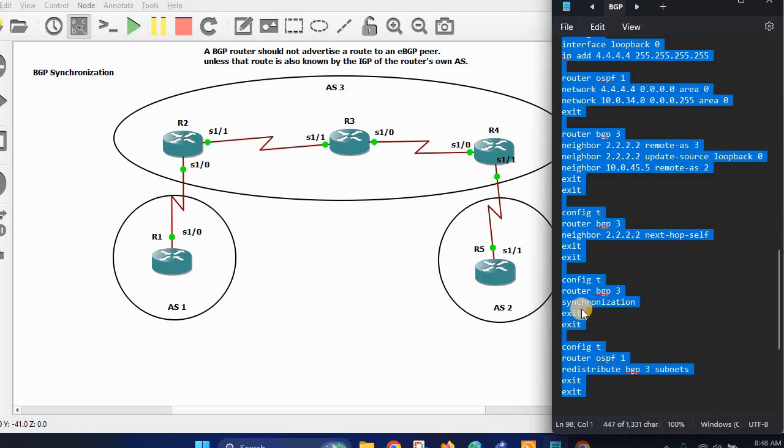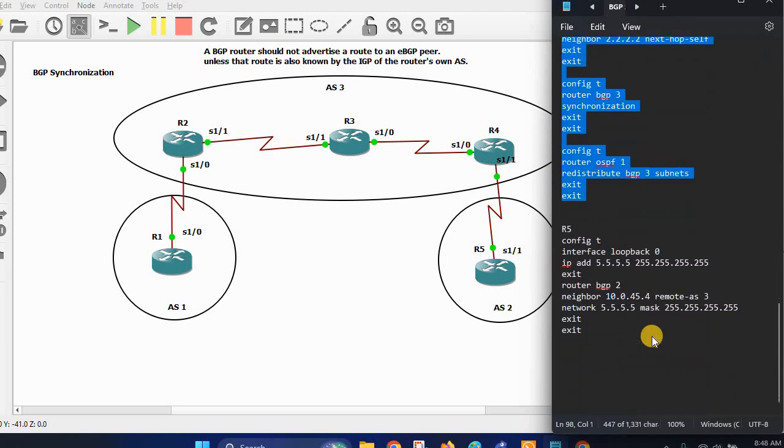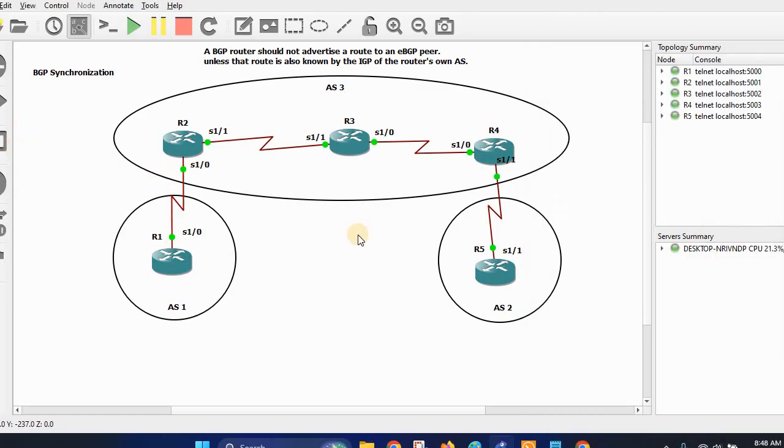We enable synchronization, check the update, and after that we redistribute BGP. Then R5 has a normal configuration: loopback configuration, advertise that loopback into BGP, and make a BGP neighbor. So this is the BGP synchronization lab. This is a very simple lab only. We have done some extra points here for reachability and everything.